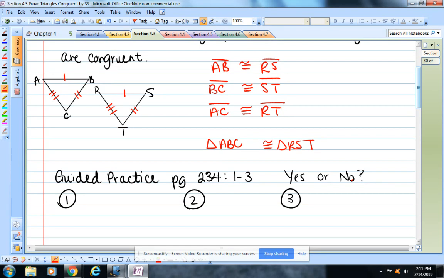So the bottom of the page where it says guided practice on page 234, there's three problems.